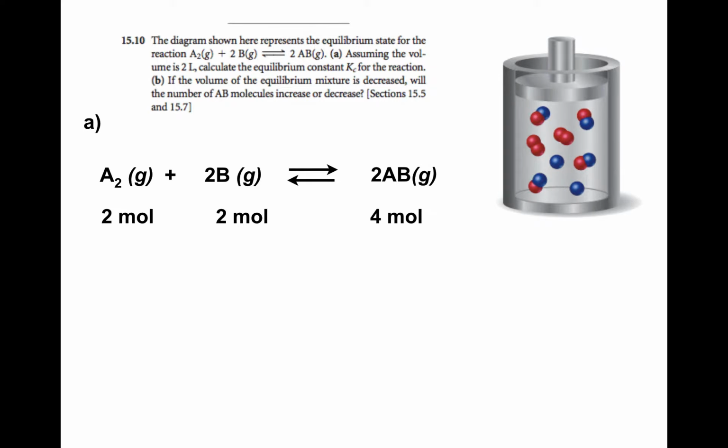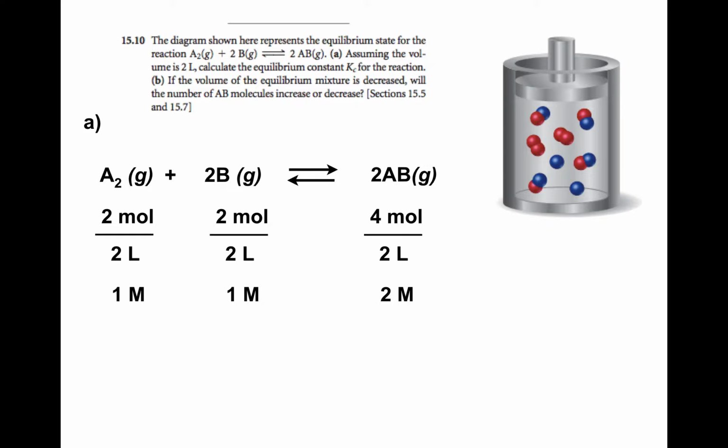They told me that the volume was 2 liters, so 2 moles of each gas is represented by the spheres, divided by 2 liters, it gives me the molarity of A and B. 4 moles divided by 2 liters gives me the molarity of AB at equilibrium.